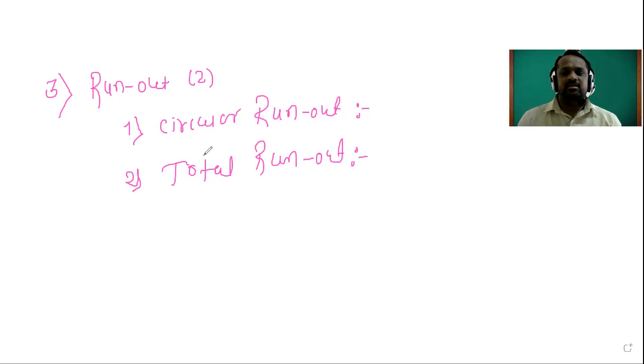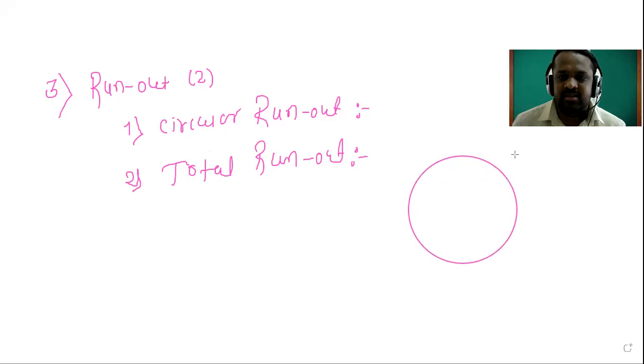Whether you have seen the wheel of the bicycle, where the out of the wheel of that bicycle is removed. Out काढतो आपण. For example, suppose we are having one wheel. Suppose this is the bicycle wheel. This is their center.